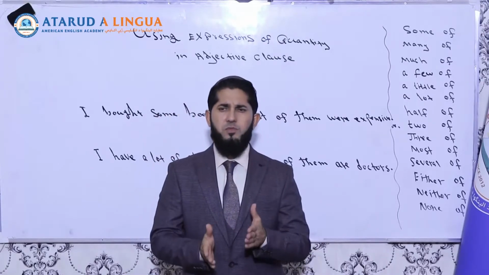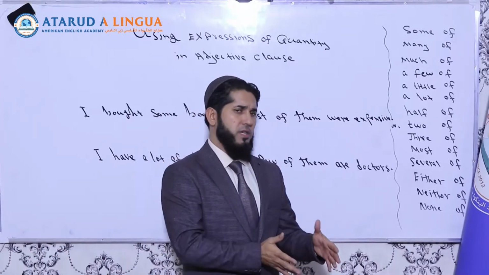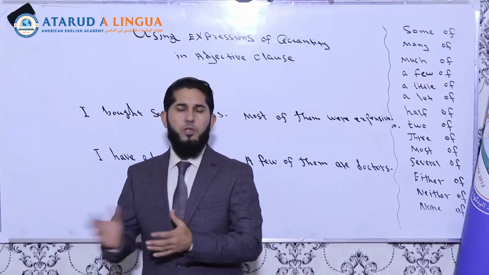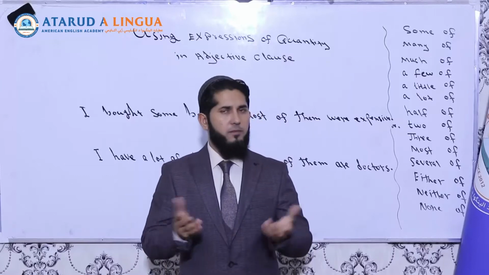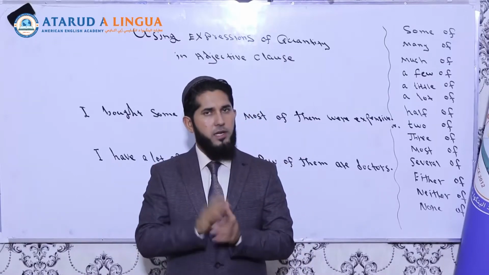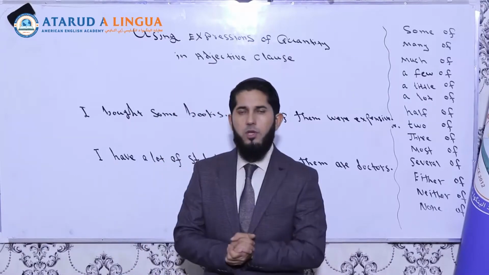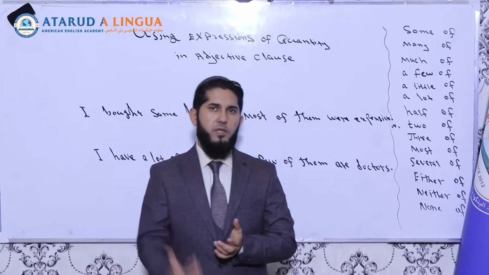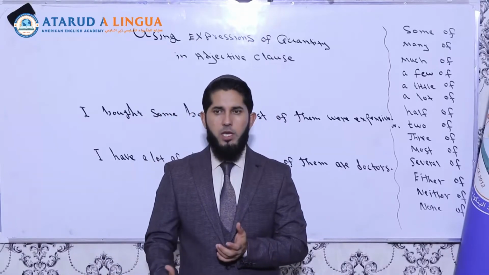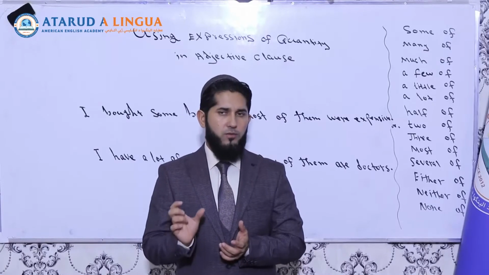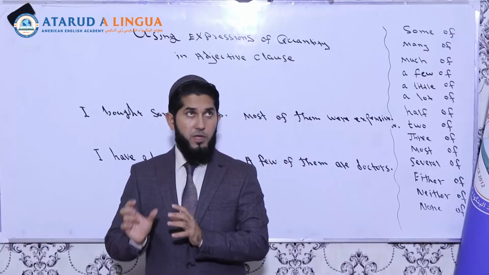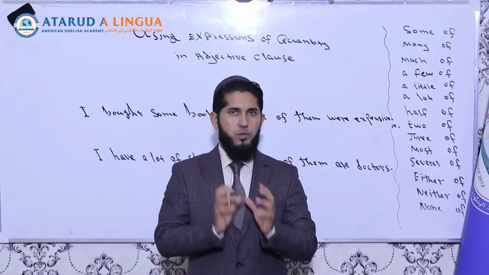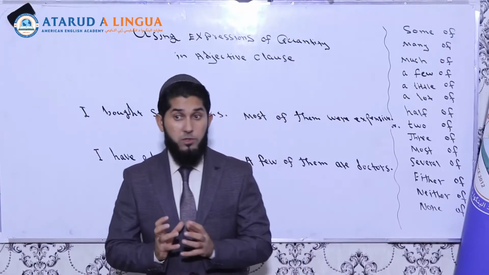So there's a difference between formal academic English and informal spoken English. But still, I'm sure that you're not going to hear anybody saying much of the students or much of the books. So much of the water, much of the information, much of the sugar, okay? So this expression of quantity, much of or a little of, should be used with uncountable nouns.